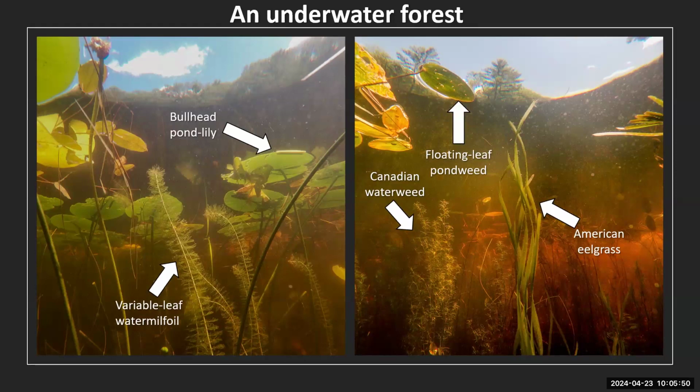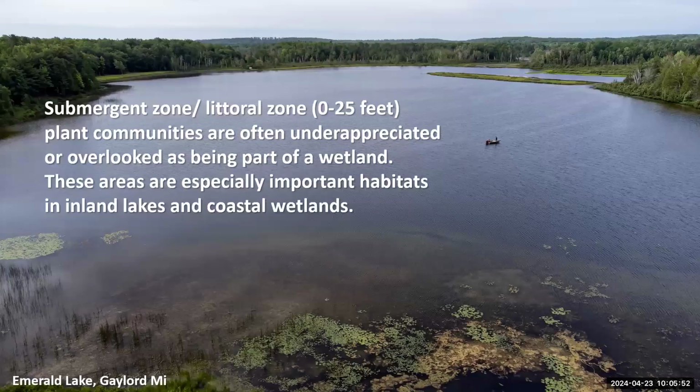So they're underwater forests, and if they are the submergent zone, littoral zone communities, they're often underappreciated and overlooked as being part of a wetland, but they're especially important, especially if you think about Great Lakes coastal wetlands where water levels fluctuate.